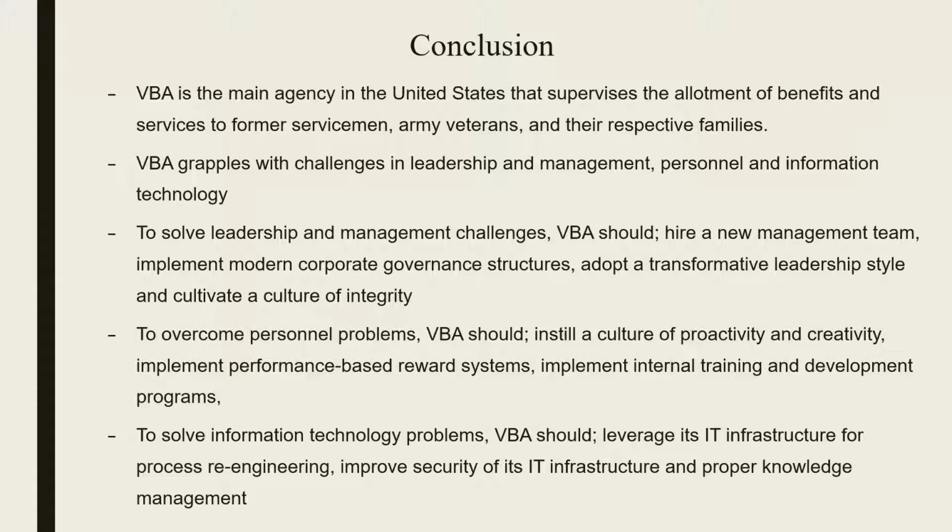To overcome personnel problems, VBA should instill a culture of proactivity and creativity, implement performance-based reward systems, and implement internal training and development programs. To solve information technology problems, VBA should leverage its IT infrastructure for process re-engineering and improve security of its IT infrastructure and proper knowledge management.